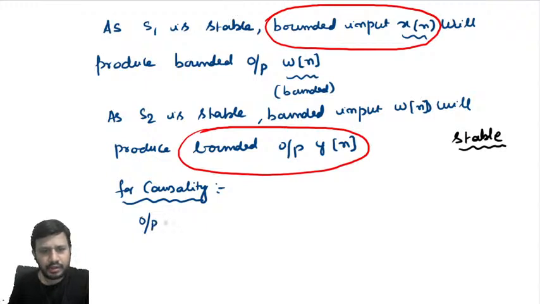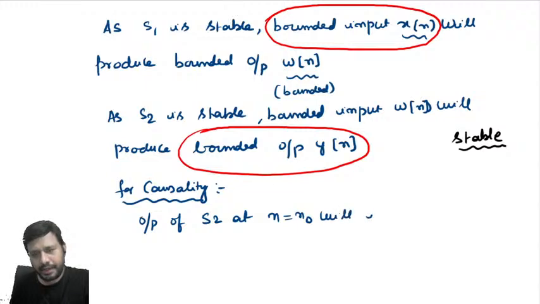The output of S2 at n is equal to n naught will depend on what? Output at any time instant must depend on present and past, but not on future. Both the systems are causal.